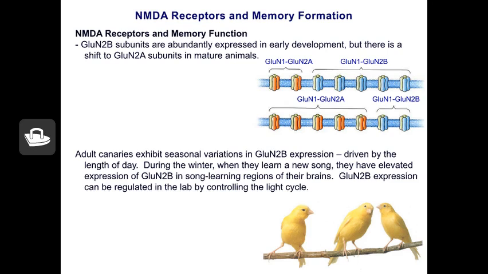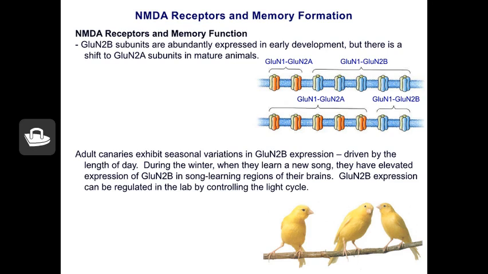Perhaps even more amazing is that the expression of the GluN2B to GluN2A ratio can be altered simply by changing the duration of light in the daily light cycle for laboratory-housed birds. When you shorten the light period each day, imitating winter, you get higher expression of GluN2B subunits in the song-related brain areas. Isn't that cool?